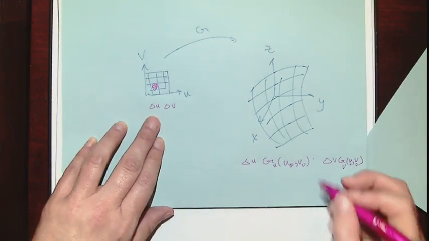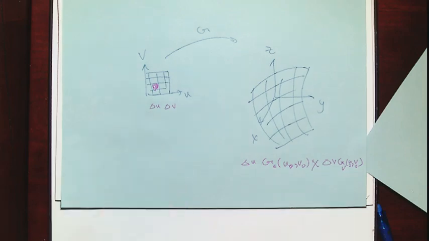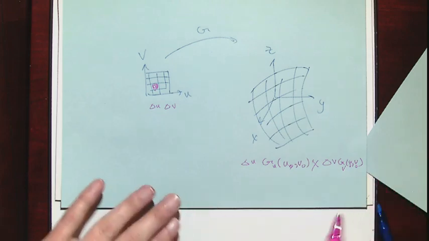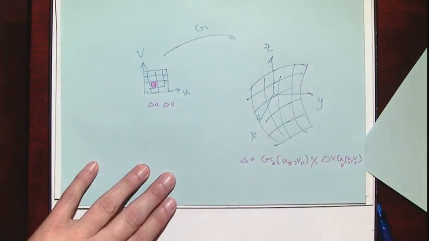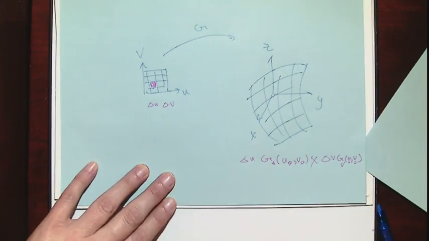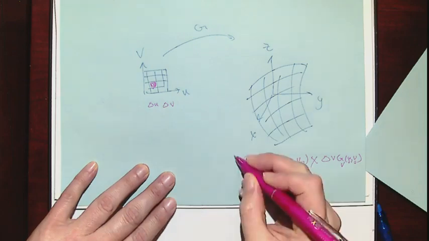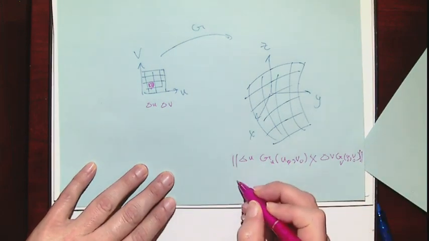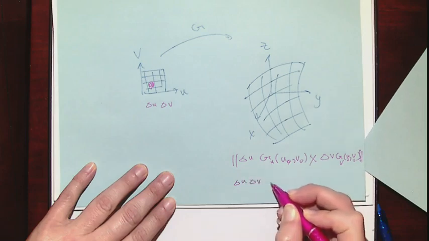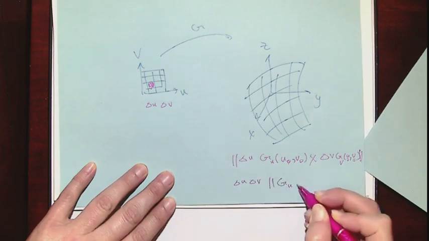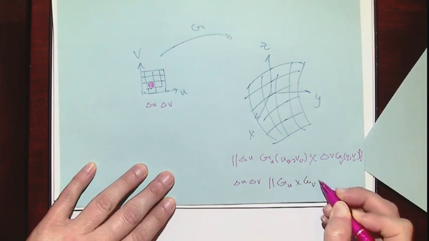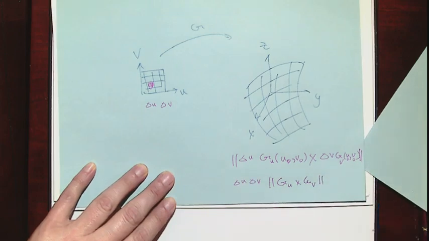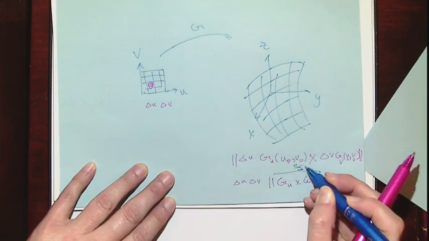Agreed? And then we cross them to get a vector that contained the new area. When you cross them, it's a vector whose magnitude is the new area. So if I take the magnitude of that, I get delta U, delta V, magnitude of G sub U cross G sub V. This gives me the scaling factor.